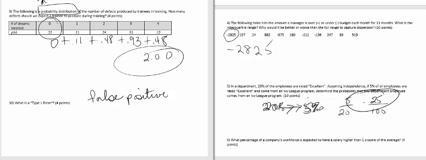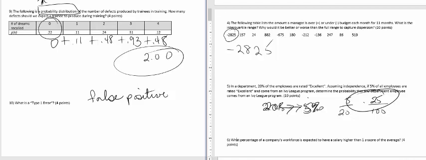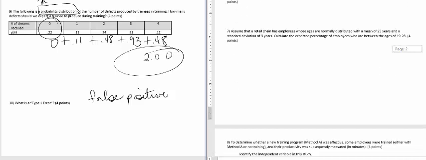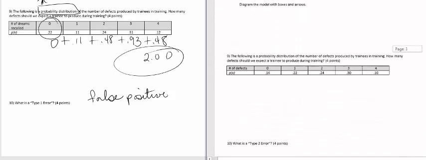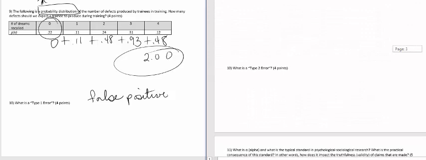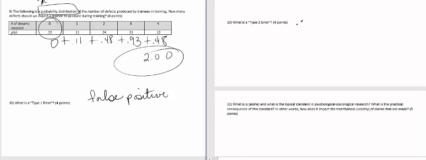So what's a type 2 error? And that was a question on the other exam. So a type 2 error is a false negative.